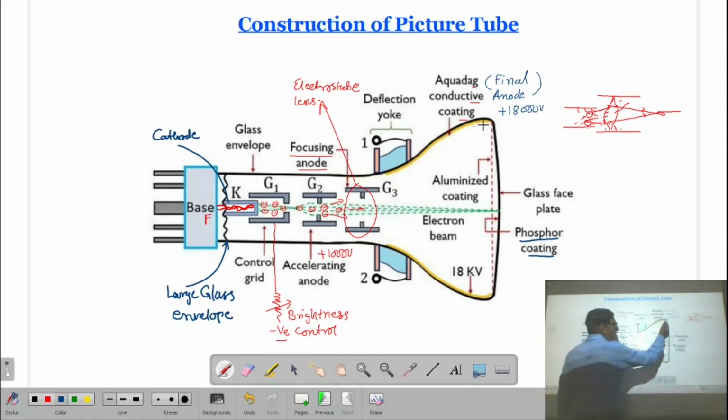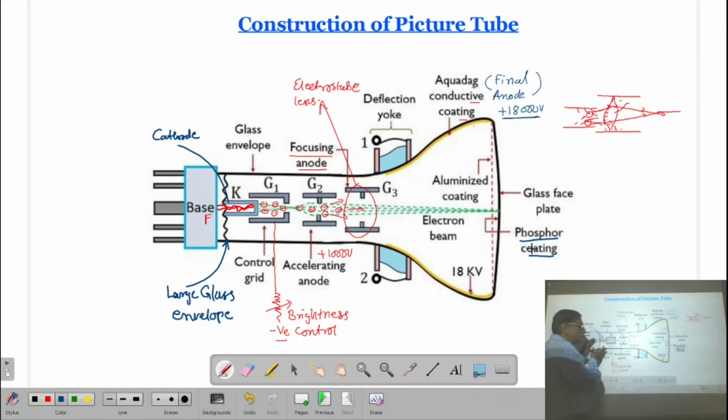Remember, inside the glass there is a coating, and this coating is connected to 18,000 volts. Why do you require this much voltage? Because we have to accelerate the electron. The electron must have sufficient energy to interact with the phosphorus material. If the electron energy is large, then you will have a bright picture.